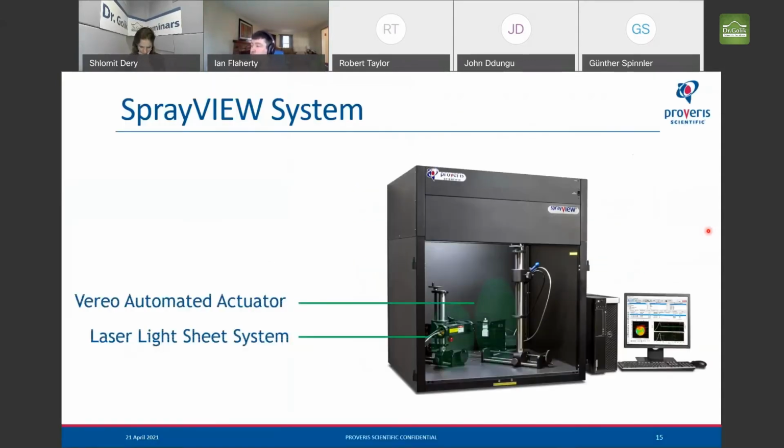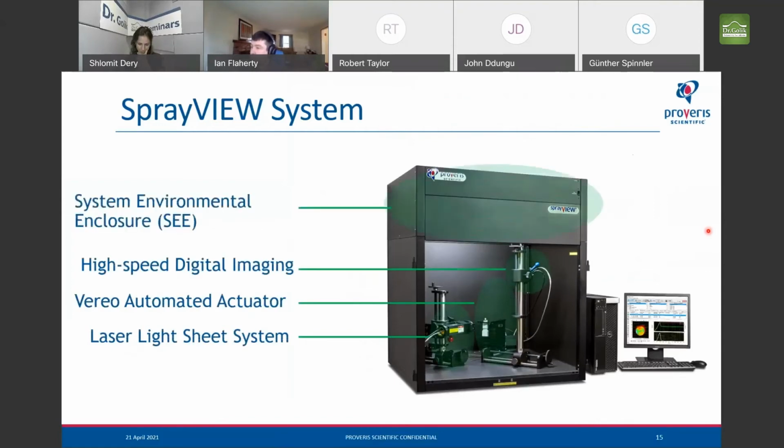So just to break down the components of the system. Basically have an environmental enclosure on top that provides airflow to move everything out of the cabinet after a spray event happens, and it passes over a set of filters. We have our high-speed camera system, Vereo actuator.